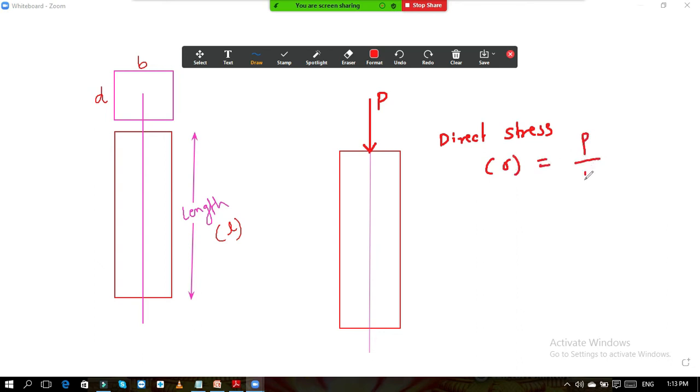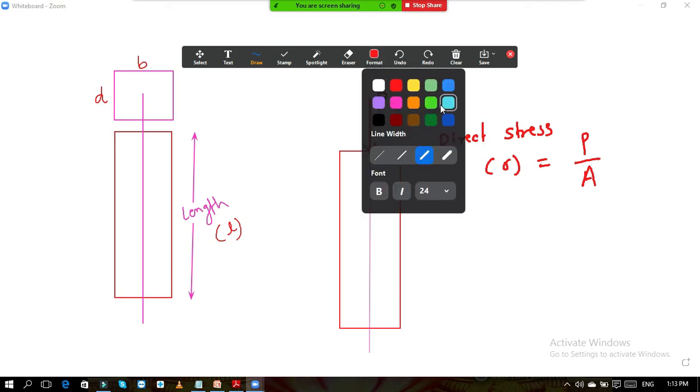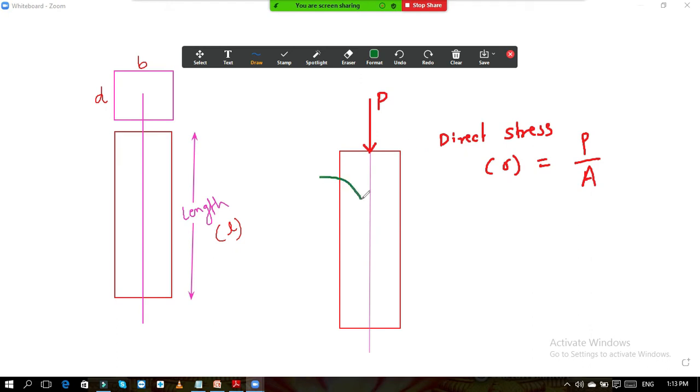as P by A. The eccentricity is 0 over here because the line of action of load perfectly coincides with the axis of the column. This is your axis of column.